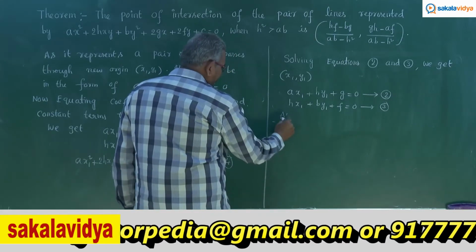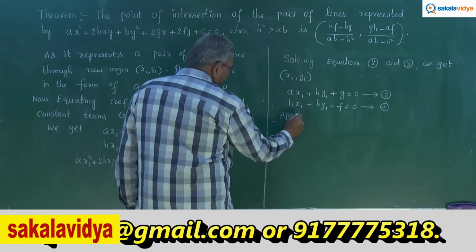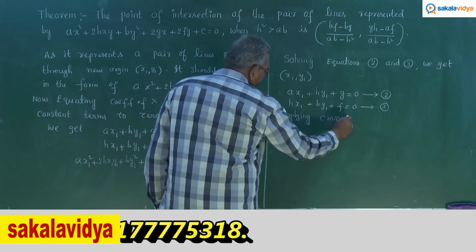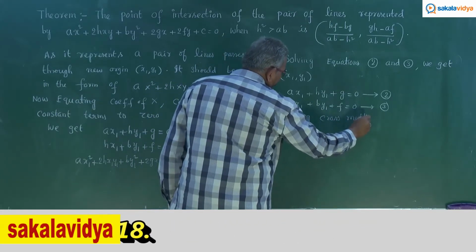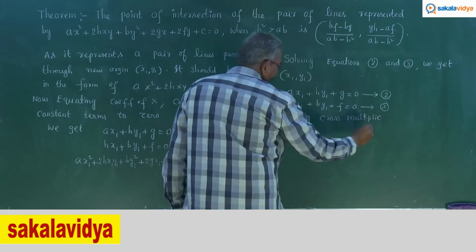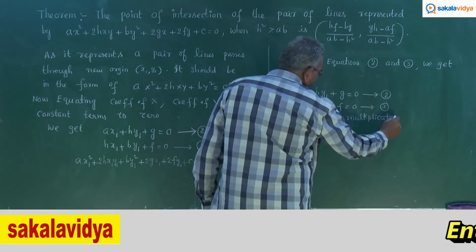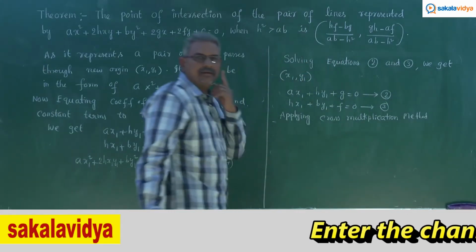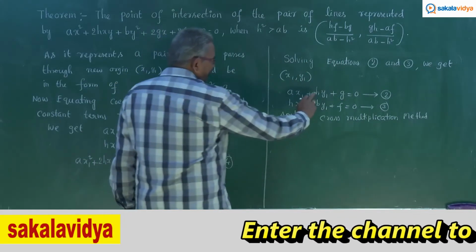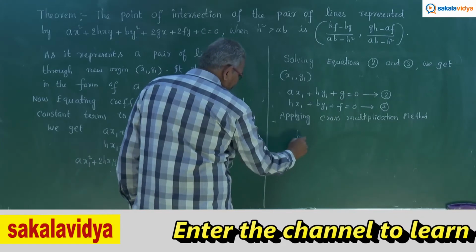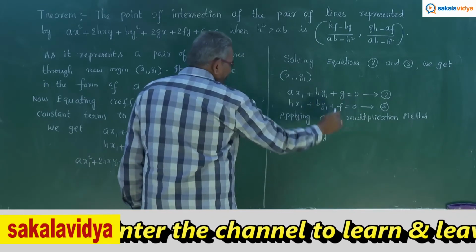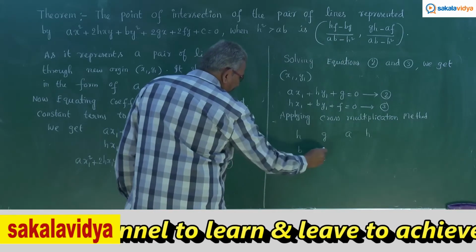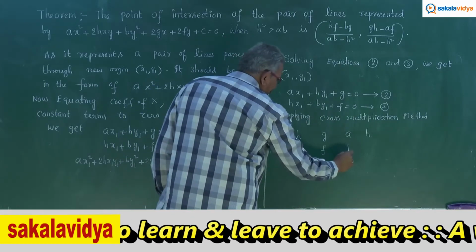Applying cross multiplication method. Okay. So now we can write the equations like this: h g a h b f h b.